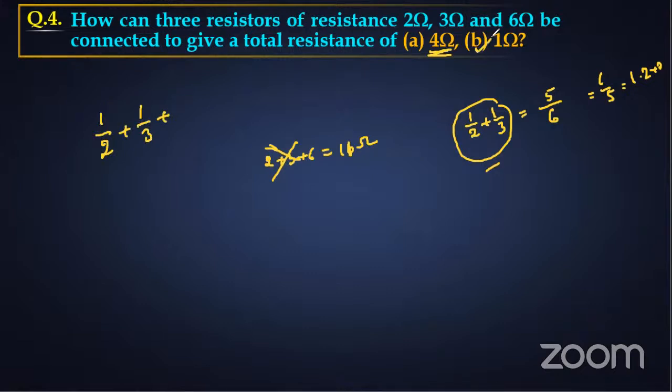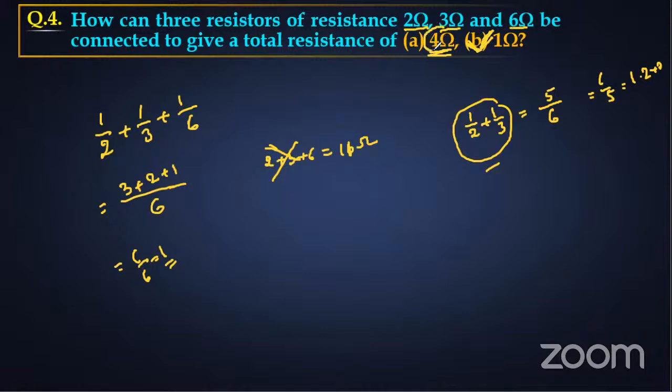So the second one is right. 1 by 2 plus 1 by 3 plus 1 by 6. The LCM is 6. So the numerator is 6, the denominator is 6. Answer is 1. So for the second situation, how do we have to connect? All 3 in parallel.